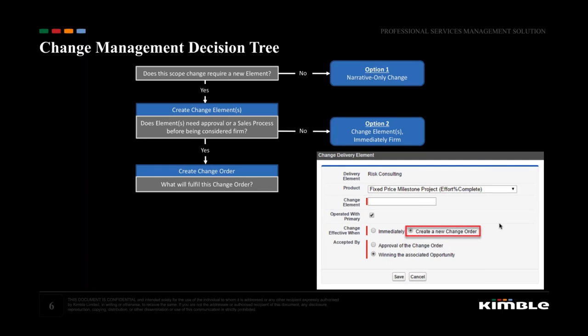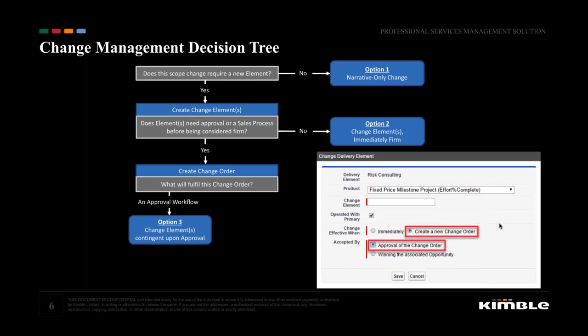However, if you don't want other factors to determine whether this element or elements can be considered firm, you will create a change order that will be used to control the change element's behavior. Once the change order is fulfilled and closed, the element will be firm.